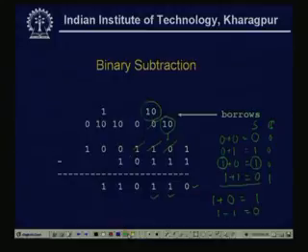See, I want to subtract 1 from 0, so this should be 1.